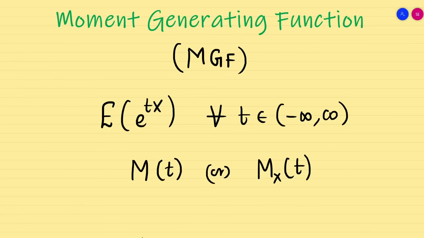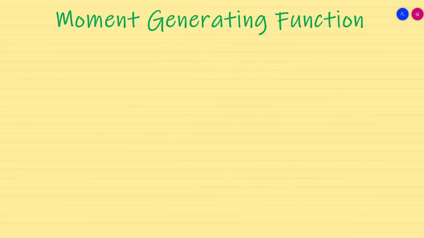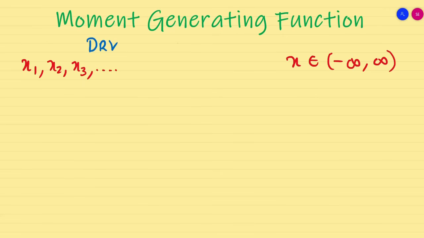For a discrete random variable, I take the points x1, x2, x3 up to infinity. In the case of a continuous random variable, I take x belonging to minus infinity to infinity. I mention these as DRV, discrete random variable, and CRV, continuous random variable.